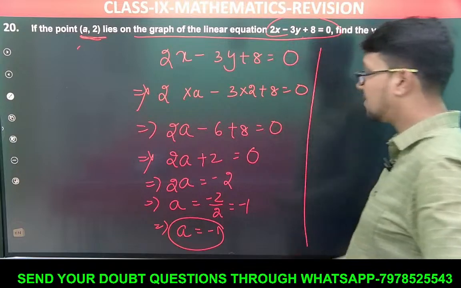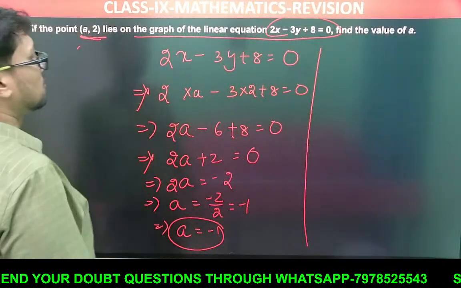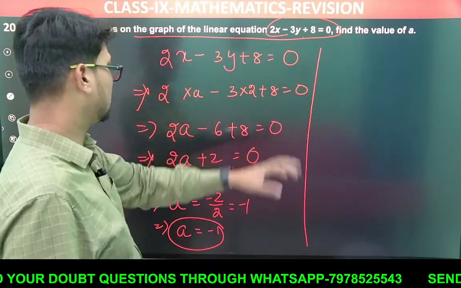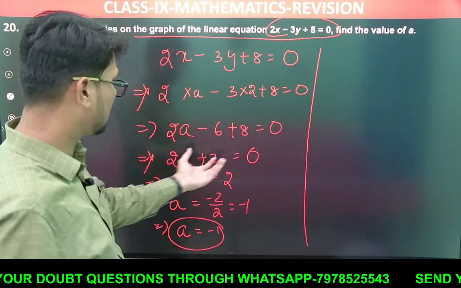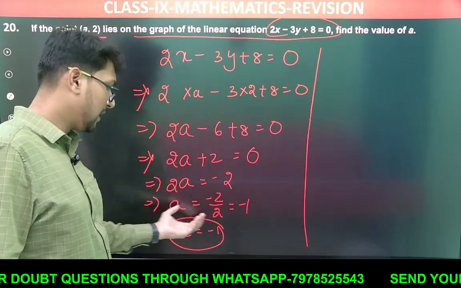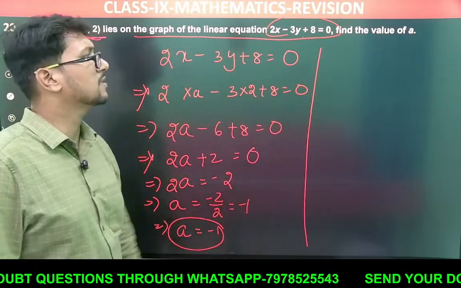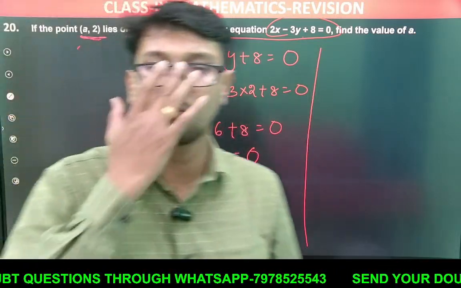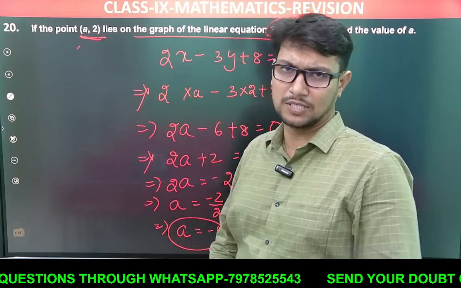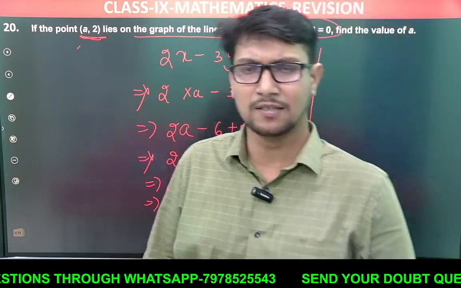Therefore 2 into a minus 3 into 2 plus 8 equals 0, which is 2a minus 6 plus 8 equals 0. So 2a plus 2 equals 0 and 2a equals minus 2. A equals minus 2 by 2, that is a equals minus 1. This is the answer. I hope everybody is clear. Solve these 20 questions, which are important for your annual examination.